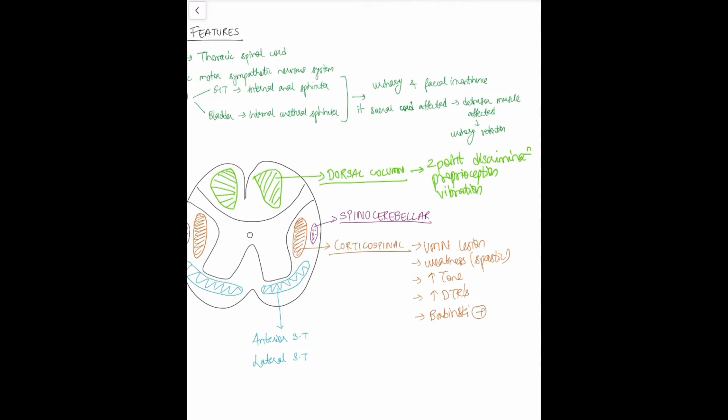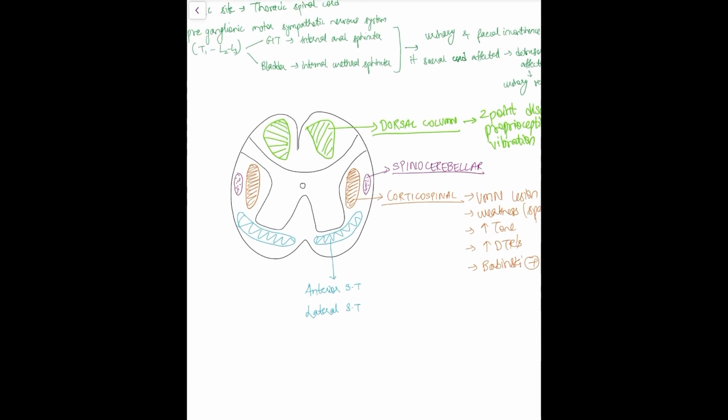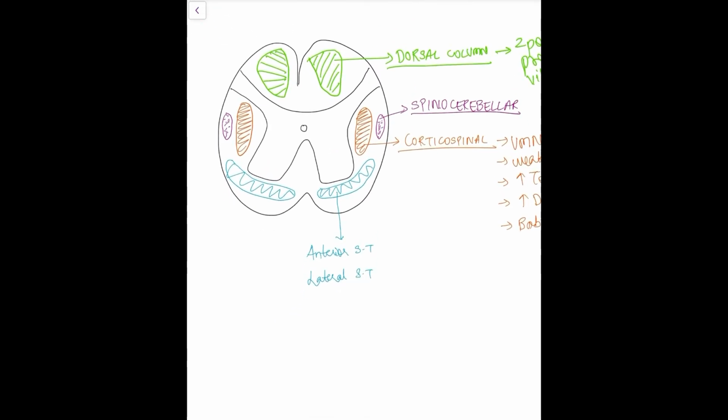What happens when your spinothalamic tract gets involved? When your anterior spinothalamic tract gets involved, you will have a decrease in the crude touch and pressure.